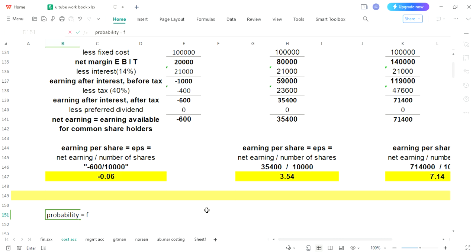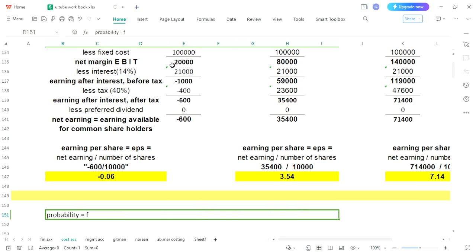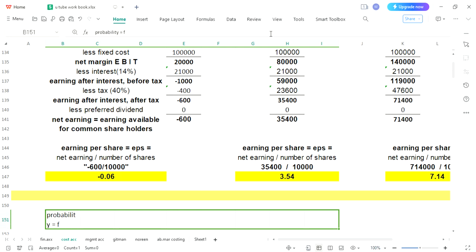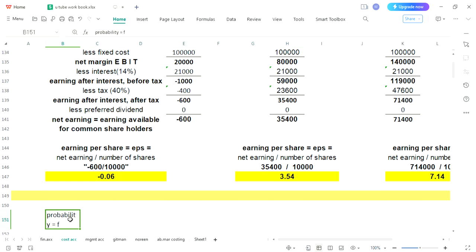We will consider it as f. So these are headings. Let's wrap it up so that they can be visible easily. Probability would be considered as f, little more space is needed.